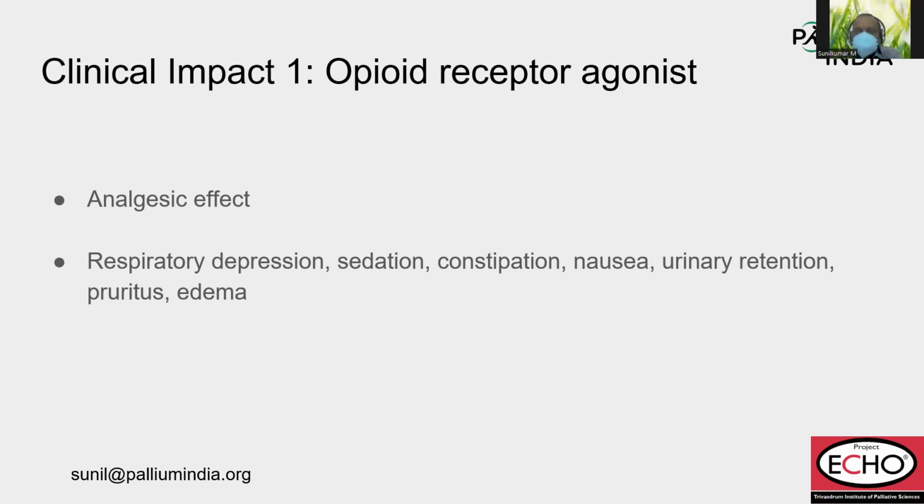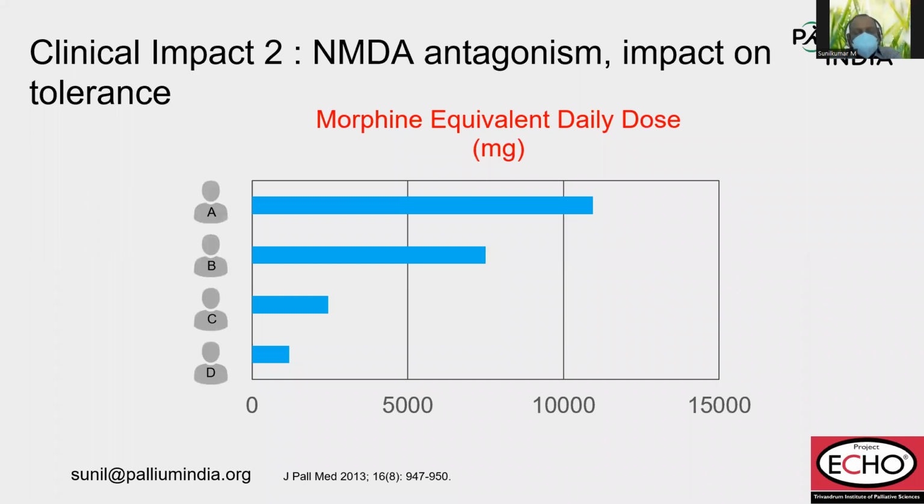This is also the same with other opioids. And you can see here patients who are on thousands of milligrams of morphine. Patient A is taking 12,000 milligrams of morphine equivalent per day, whereas patient D is taking about 1,000 milligrams of morphine per day.